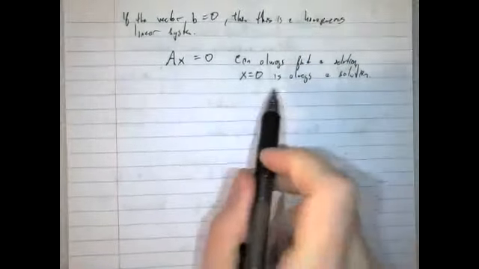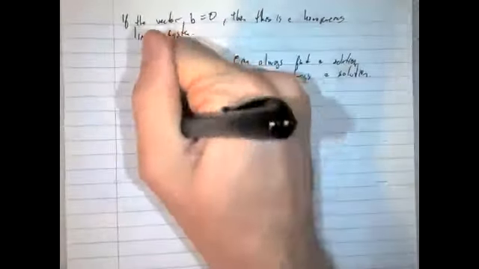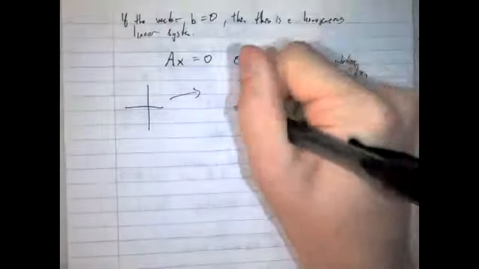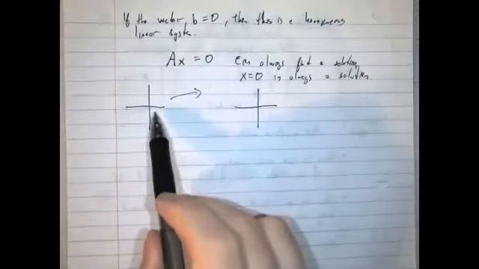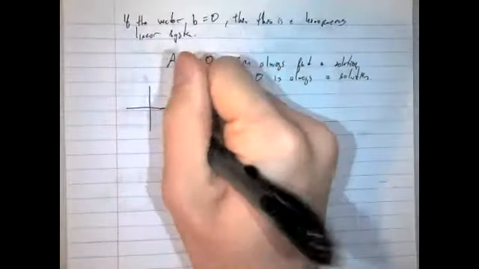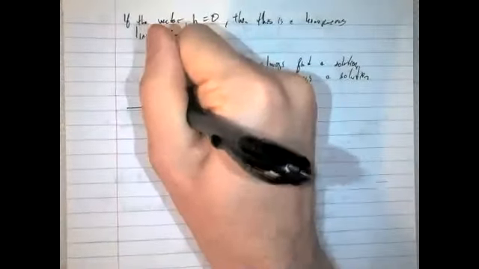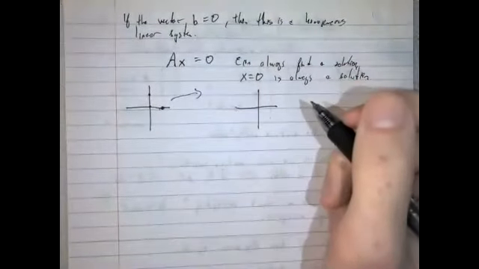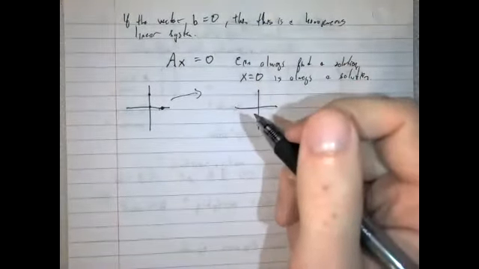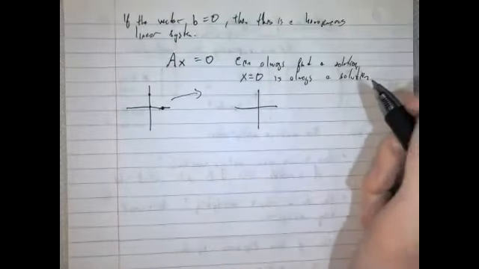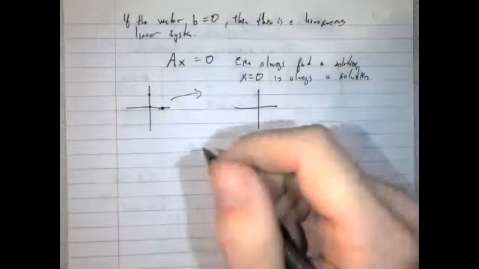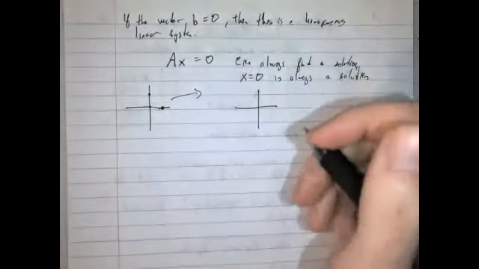A way to think about this is that any linear transformation of vector spaces, here of course I'm drawing a linear transformation from a two-dimensional vector space to a two-dimensional vector space, but this is a rule that holds for any linear transformation of vector spaces. The rules that we had for linear transformations were that a sum of vectors has to be mapped to the sum of the images of the vectors, and scalar multiples have to be sent to scalar multiples.